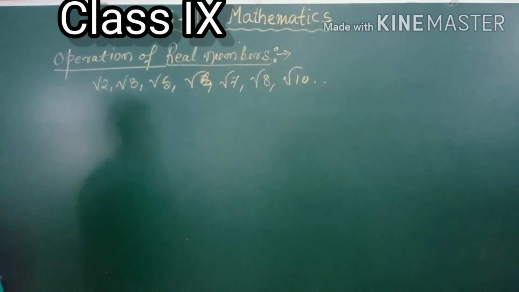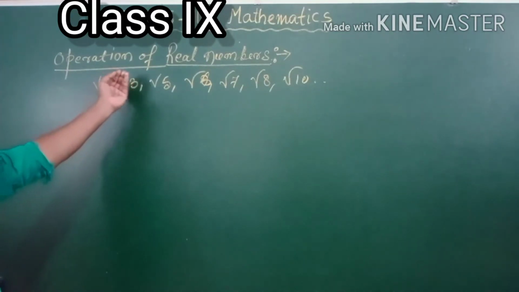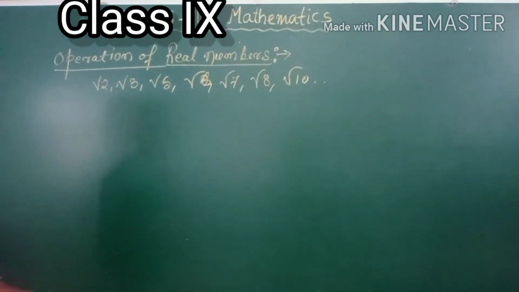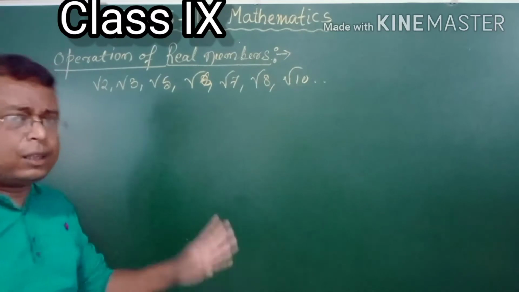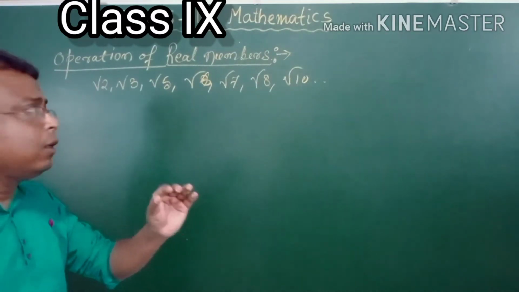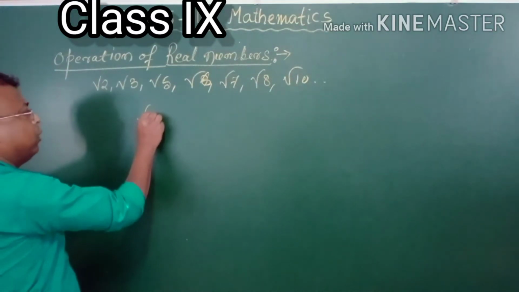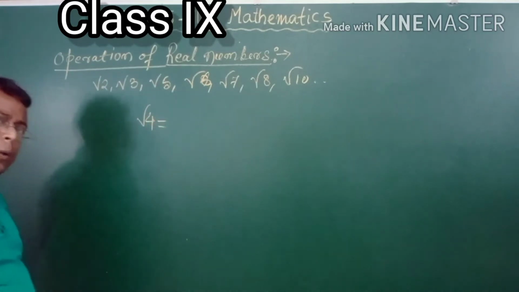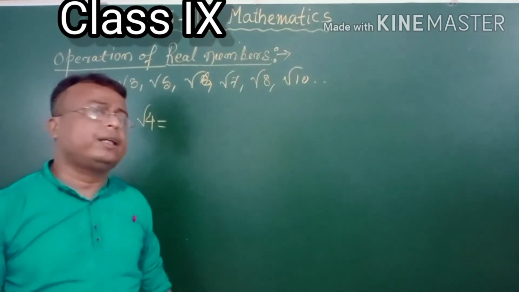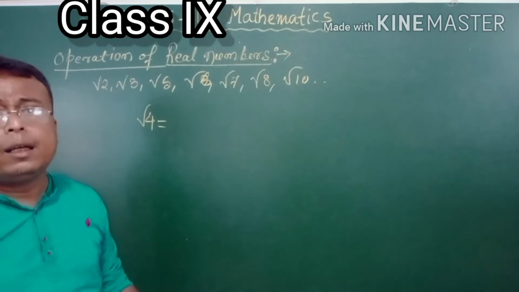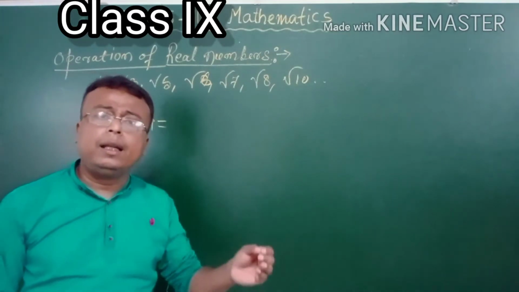If you can find the square root of a number directly, it is a rational number. In a very simple way, suppose root 4. Whether root 4 is a rational or irrational number? Root 4 is a rational number.